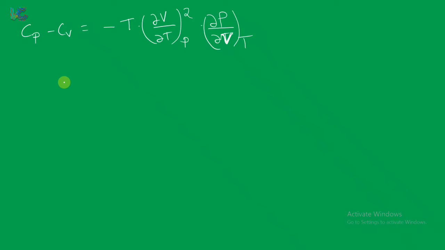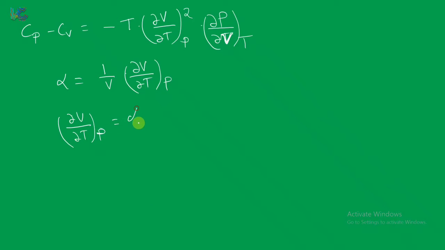From there, we know that the mathematical form of alpha is equal to 1 by V into del V del T at constant P. So del V del T at constant P is equal to alpha V. This we already know.